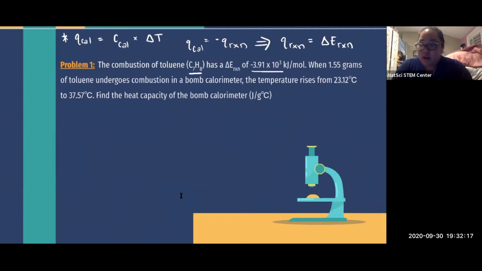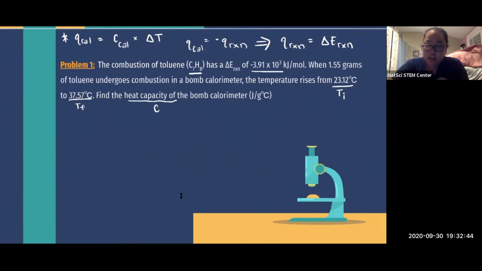When 1.55 grams of toluene undergoes combustion in a bomb calorimeter, the temperature rises from, this is your T initial, to 37.57 degrees Celsius, which is your T final. Find the heat capacity of the bomb calorimeter. So we're finding C for this.